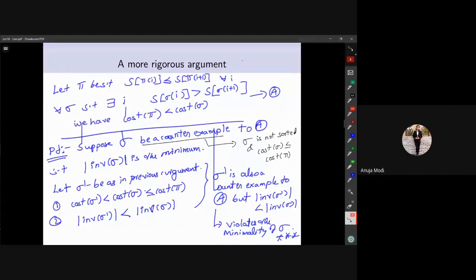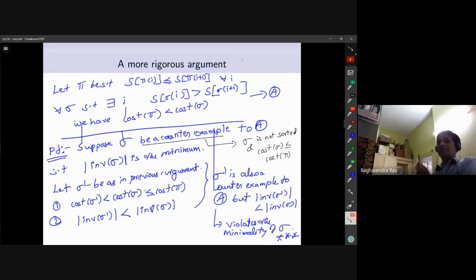Sir, in the proof, suppose sigma is a counterexample to A such that the number of inversions is minimum. If we take that the number of inversions is minimum, it means that the number of inversions is 0. No. When I say minimum, we are just assuming that the statement is false, right?